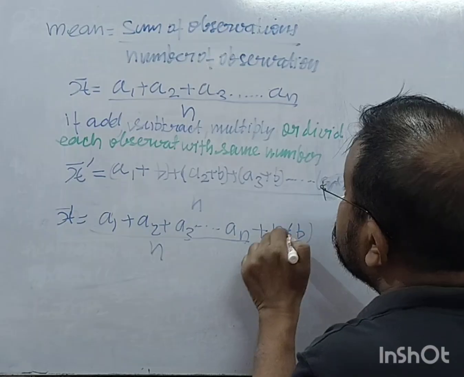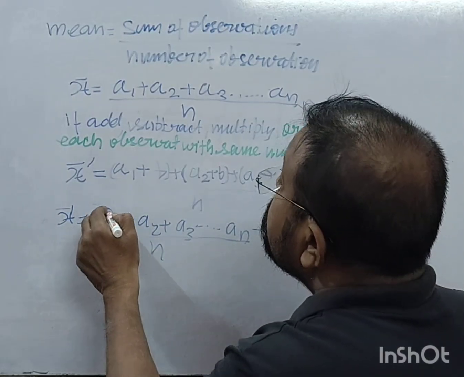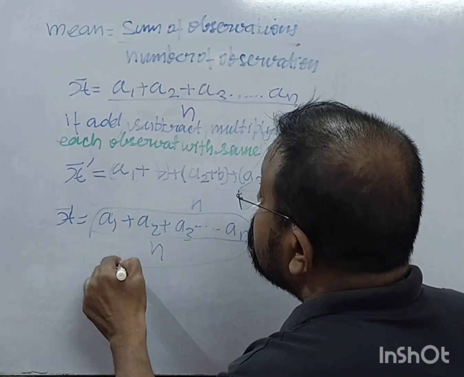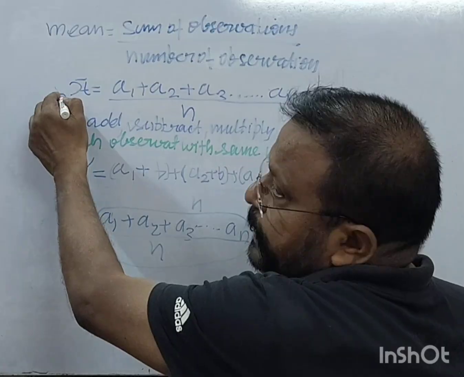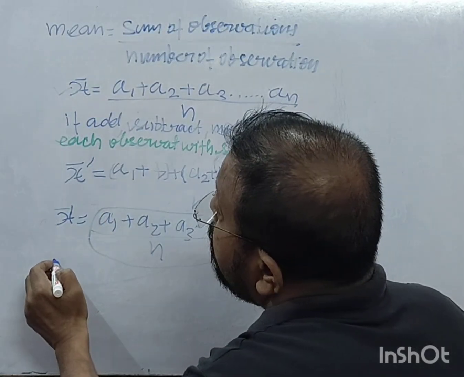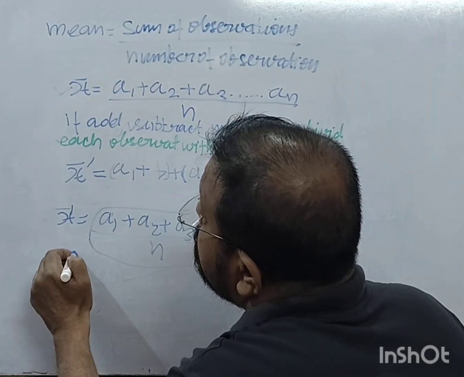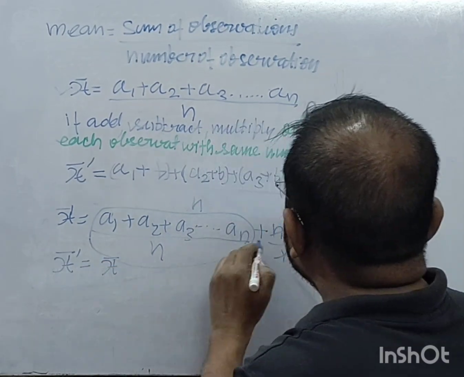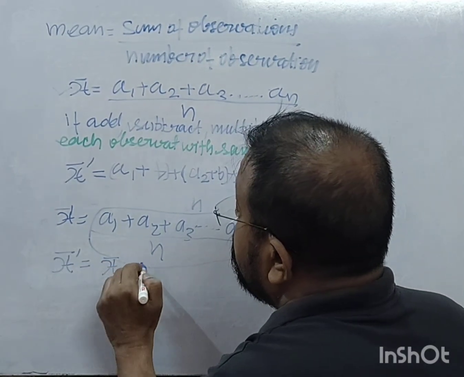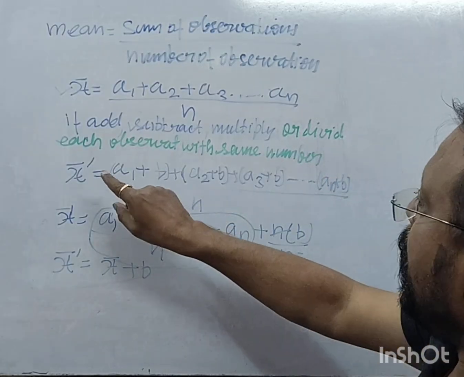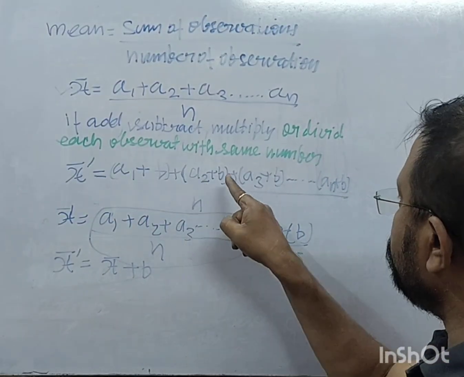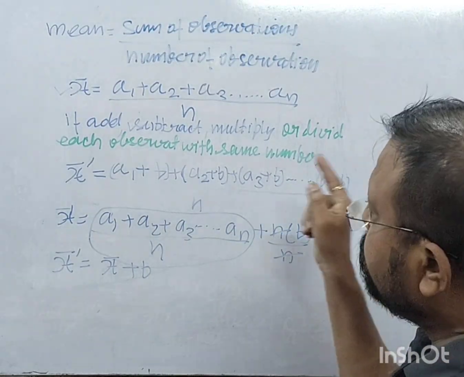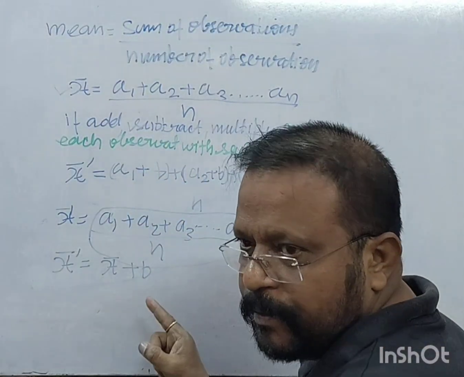This n cancels out and this becomes what? This x bar. So x bar dash is equal to x bar plus b. So if in every observation you add the same number, then in the mean the same number will be added, right?